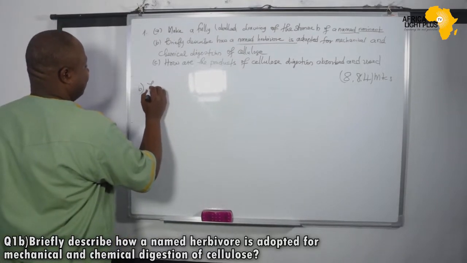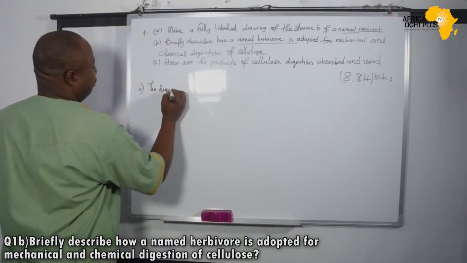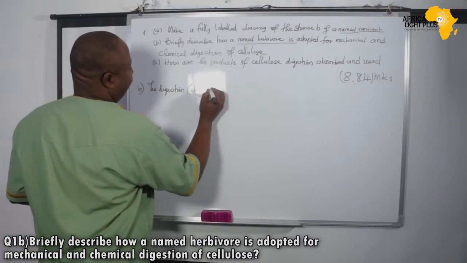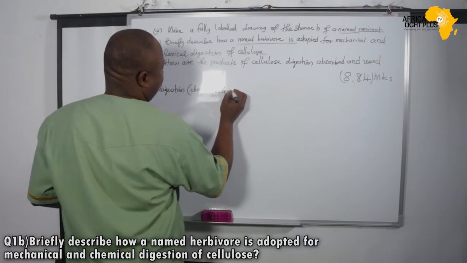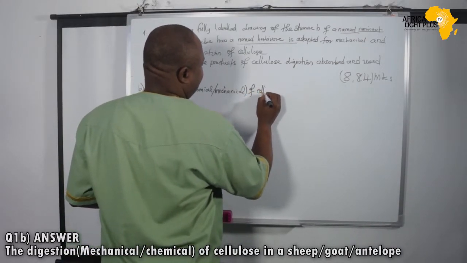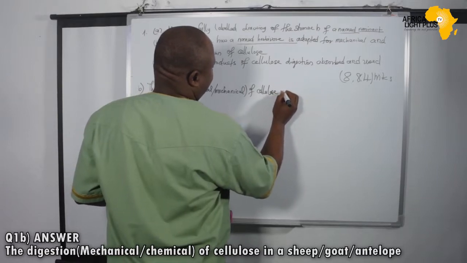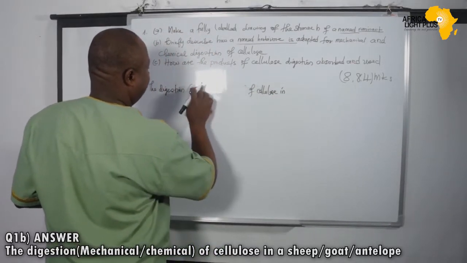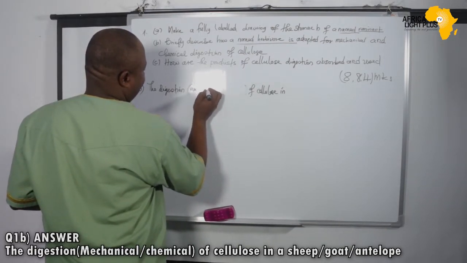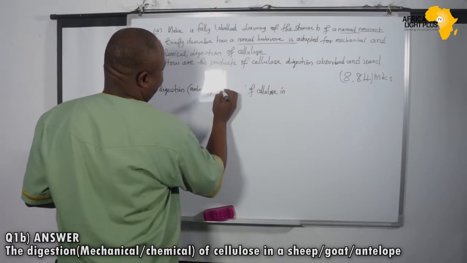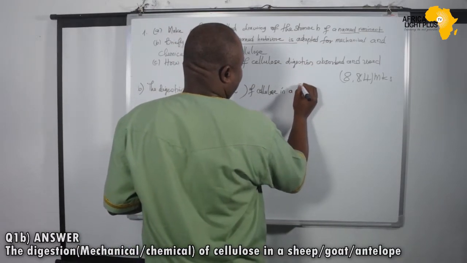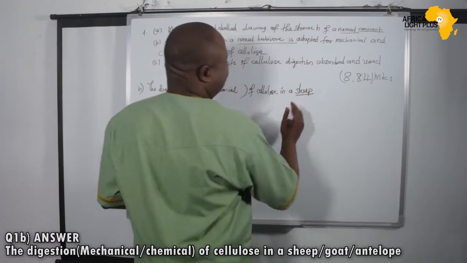We could say: mechanical and chemical digestion of cellulose in a sheep, for instance.